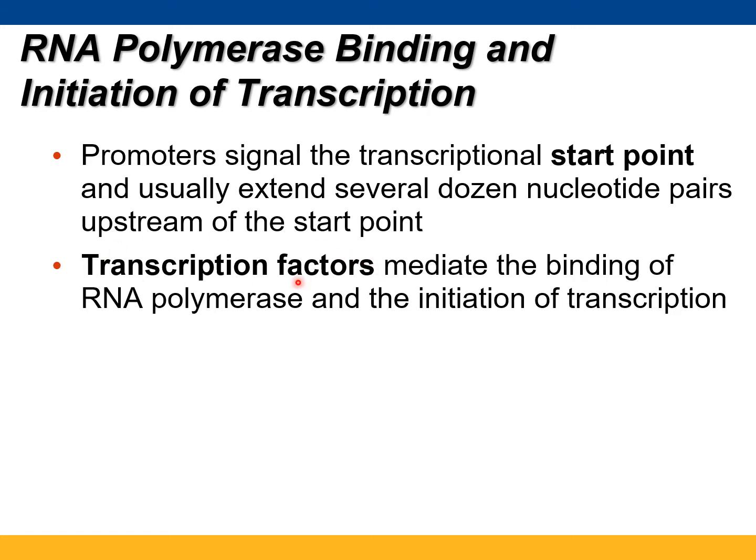In eukaryotic cells, unlike bacteria, where we have that sigma factor, we have literally lots and lots of different proteins that can either help RNA polymerase or hinder it. We call those DNA binding proteins transcription factors. Let me give you a really nice example of a transcription factor.